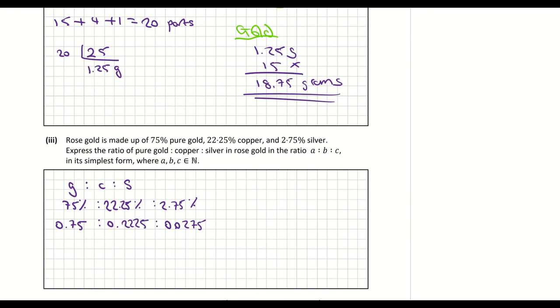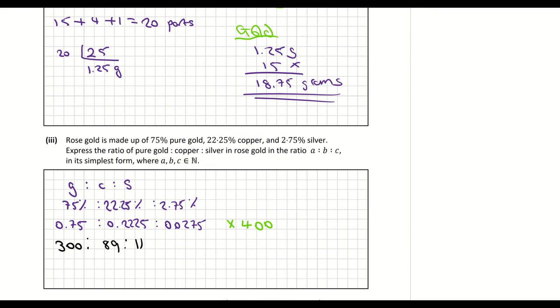Now, what I'll also have to do is, maybe I shouldn't have actually divided by the 100, because I now want to turn them back into the whole numbers. So rather than just multiplying across by 4, I'm going to multiply across by 400. So maybe I shouldn't have divided by the 100. But anyway, let's do it. So multiplying across by 400 gets me 300 is to 89 is to 11.